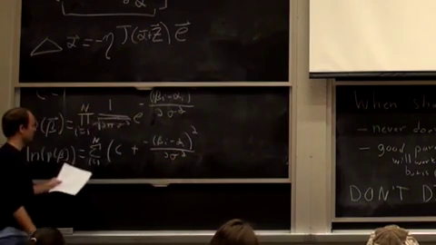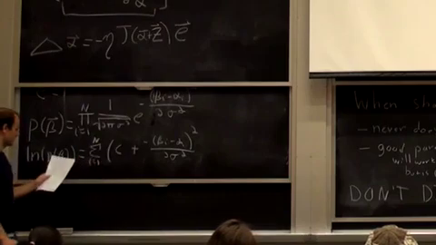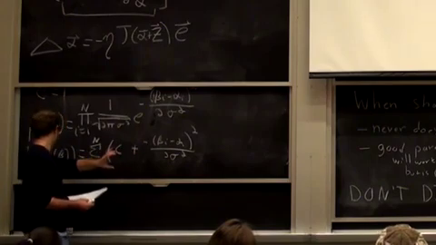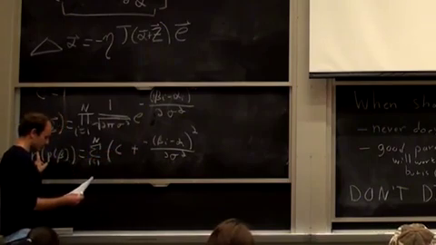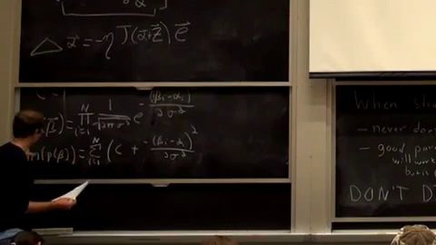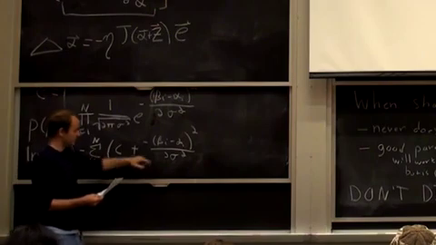Now we can take this derivative. This is a constant. That won't show up. And we'll just have the derivative of this. This one is simple to do now.